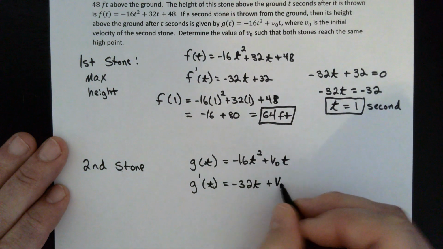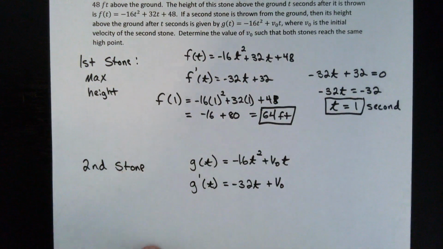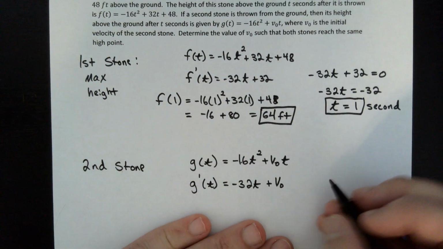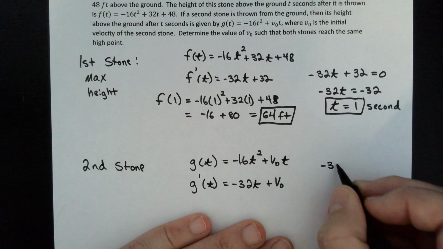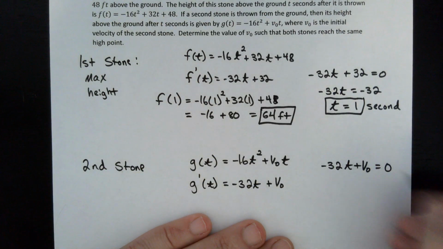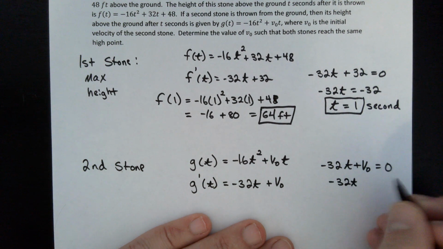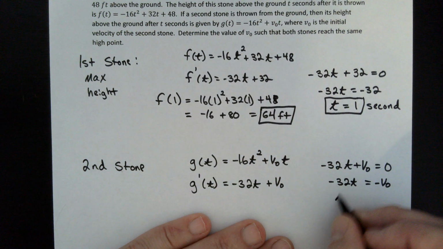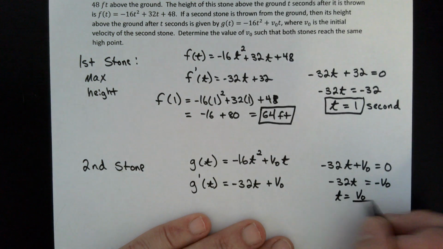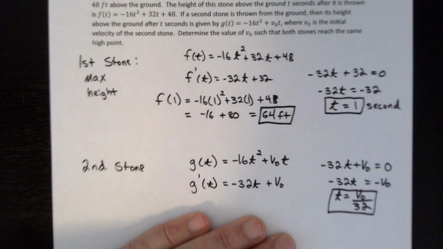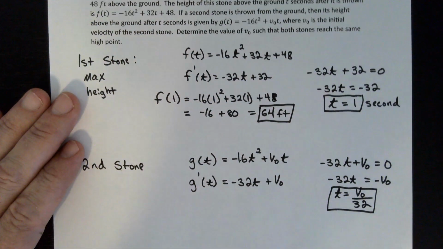We set this derivative equal to 0 and solve for t. So negative 32t plus v naught equals 0, negative 32t equals negative v naught, and t is equal to v naught over 32. That's when the maximum height occurs.